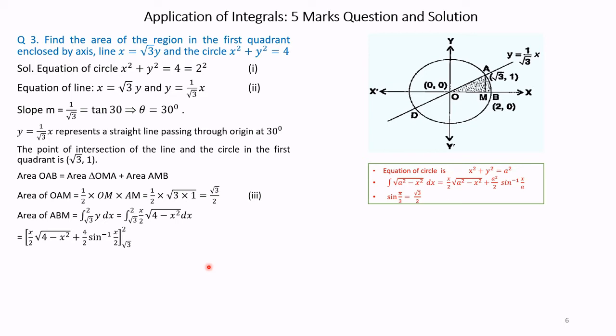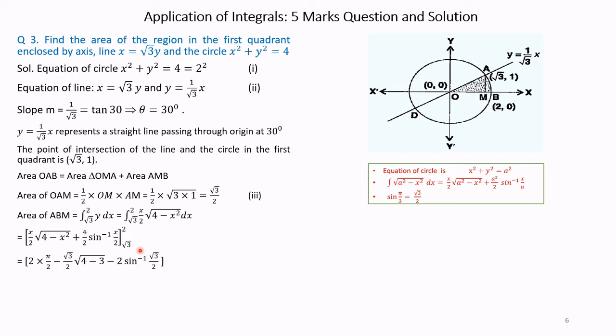From this equation you can calculate y, which is the square root of 4 minus x square, and we are substituting the value. This is the standard integral, and it is given by x by 2 into square root of 4 minus x square plus 4 by 2 into sine inverse of x by 2, whose limits are root 3 to 2.